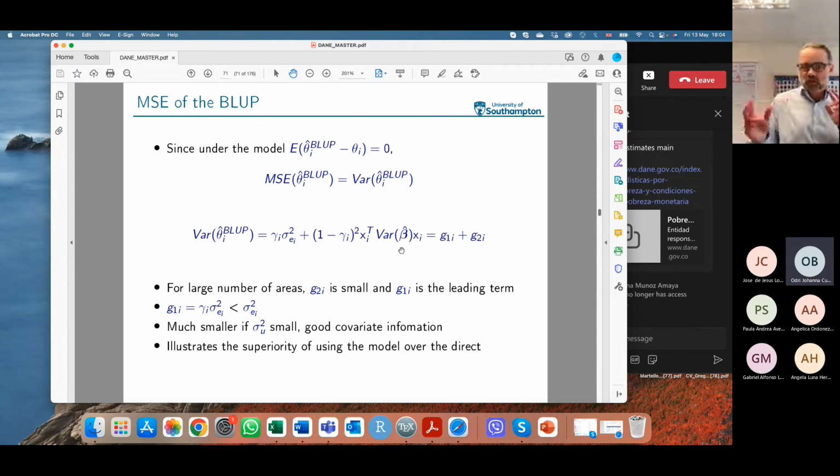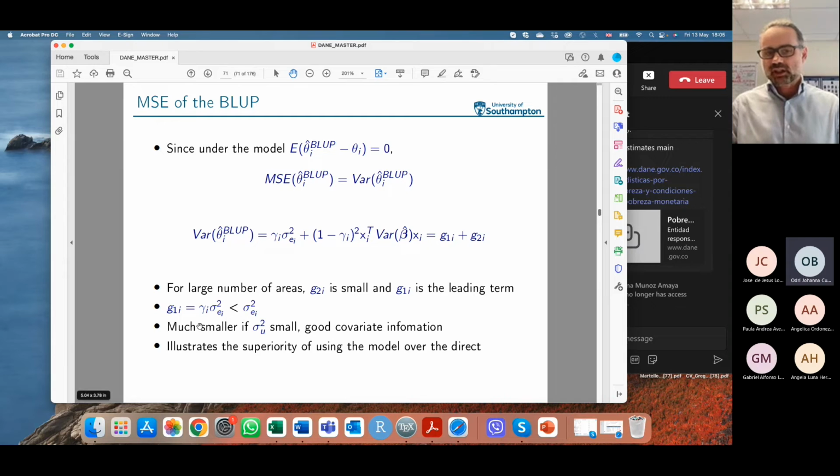So there are two sources that contribute to the variance. One is the sampling variance of the direct estimate, and the other is the variance of the estimated regression parameters under the model. We denote these two components by G1i plus G2i. For example, if you have a large number of areas, the second component, G2i, will be quite small, and G1 will basically drive the variance of the BLUP.